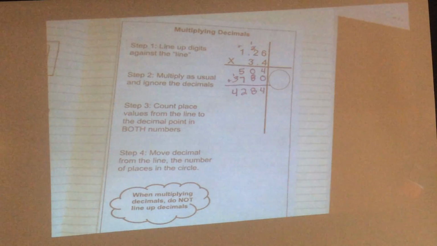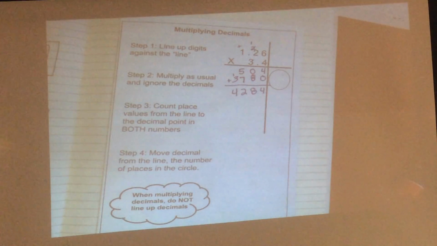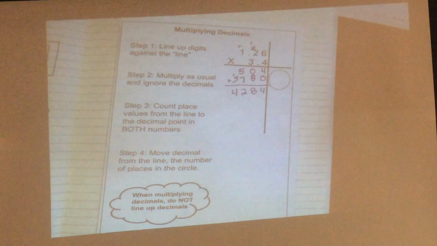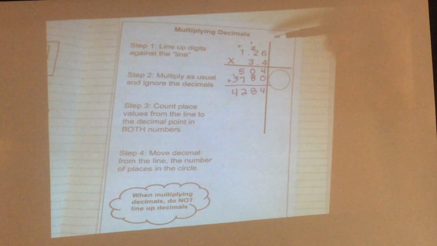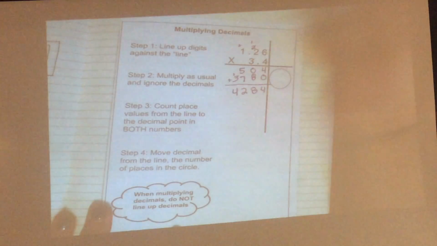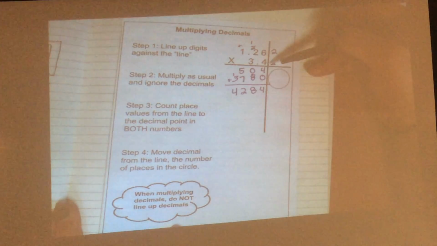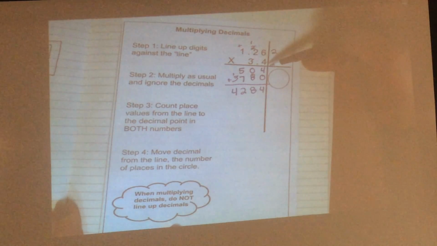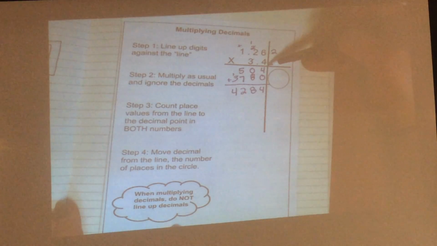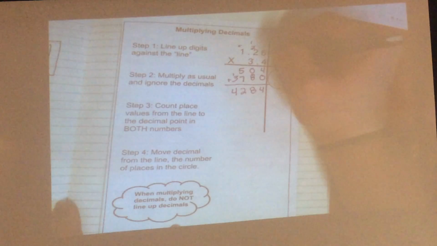So now step 3 says count place values from the line to the decimal point in both numbers. From the line to the decimal point, how many numbers do I have? 2. 1, 2. Okay, I'm going to put a 2 right here. From the line to the decimal point here, how many numbers do I have? 1.